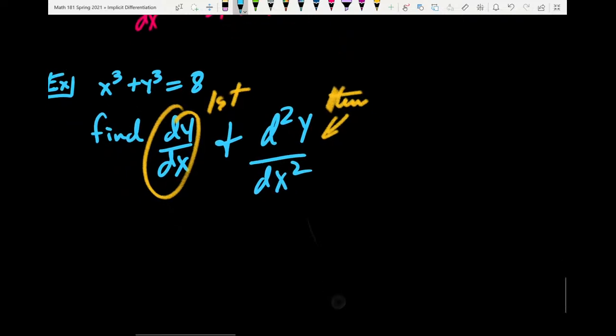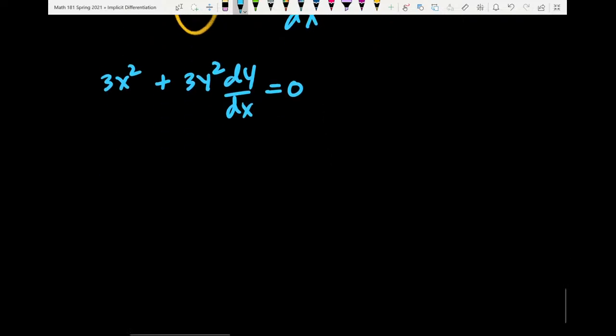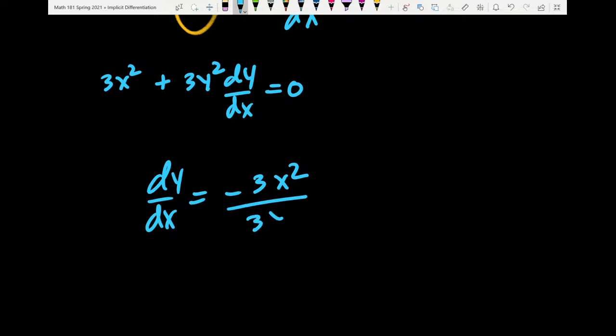All right, so let's look at this. First things first, you get 3x squared plus 3y squared dy/dx equals 0. So dy/dx equals what? Negative 3x squared over 3y squared, and the 3 cancels out.